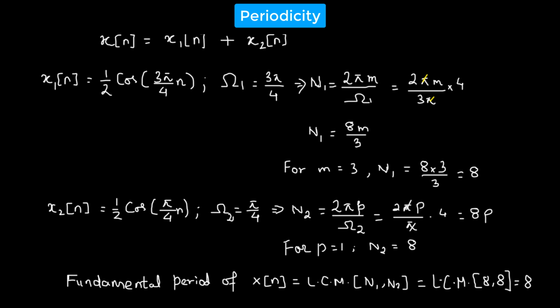So that gives us a period of 8. This will be the fundamental period of the discrete time signal.